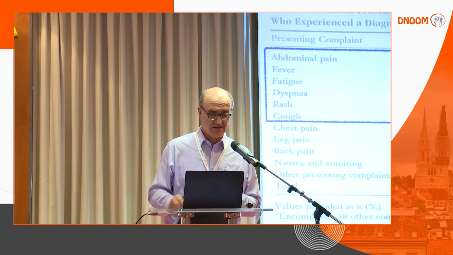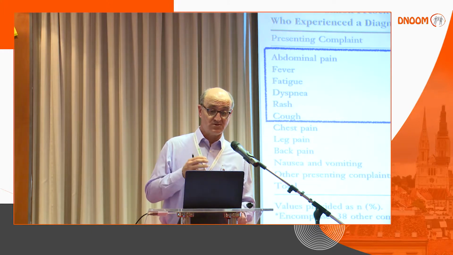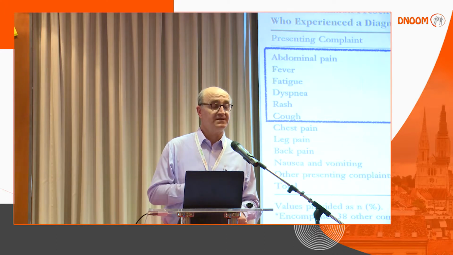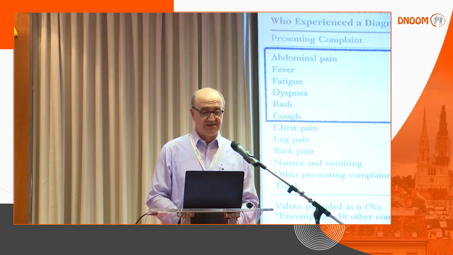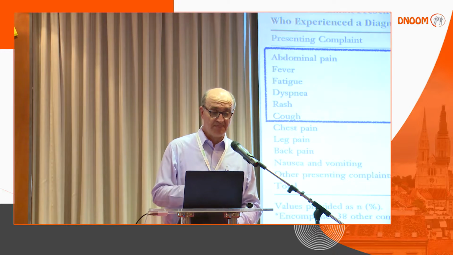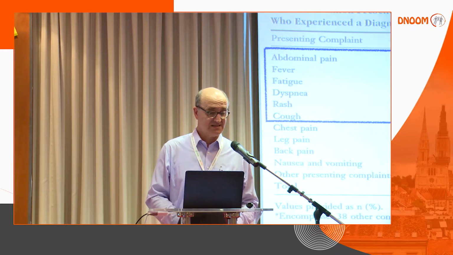There is a study made in the USA on common presenting complaints of patients who experienced a diagnostic error. In the first 5 lines we can see abdominal pain. The second one is fever, then fatigue, then dyspnea, then rash and cough.